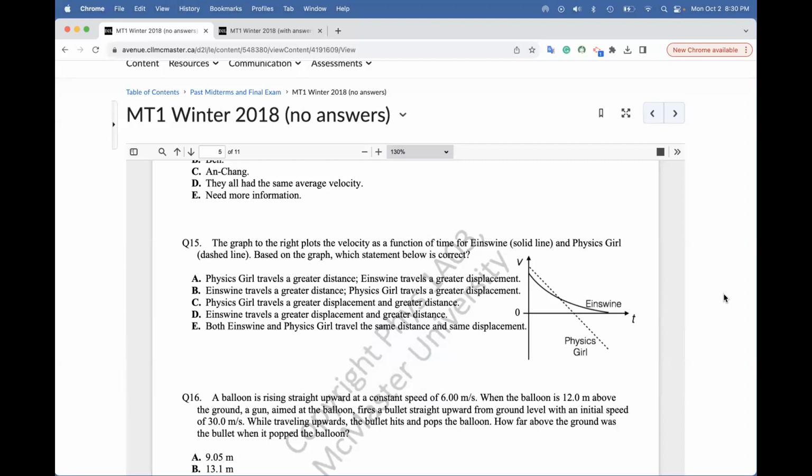So this is the velocity time graph. Physics girl travels a greater distance and Einstein travels a greater displacement. So we do know that from a velocity time graph, the slope of a position time graph is the velocity, right?